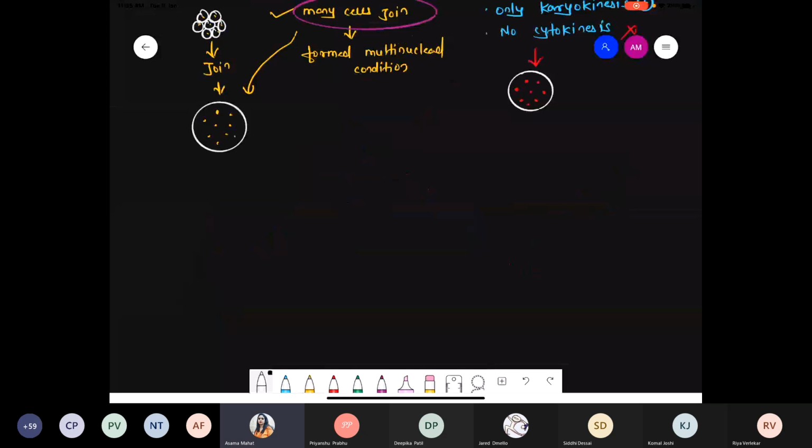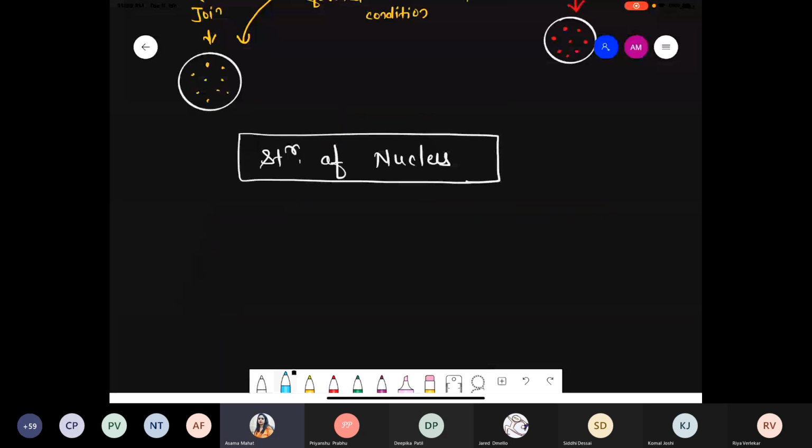ठीक है? Structure of nucleus. Basically, inside the structure of nucleus, we'll talk about a total of 4 parts. Number 1, nuclear envelope. Number 2, nucleoplasm. Number 3, chromatin. That is genetic material actually, but present in chromatin fiber.